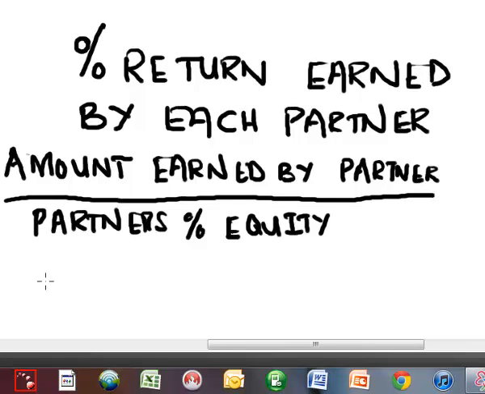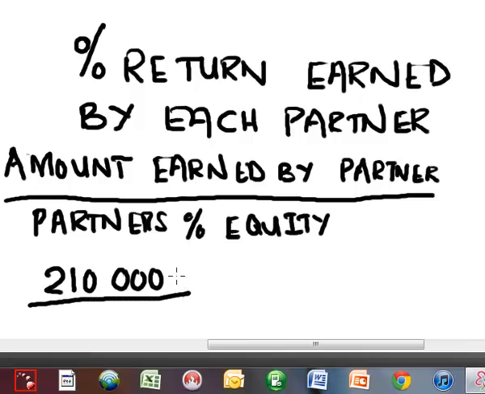Let's take an example. If the amount earned by the partner was 210,000 Rand, you would divide it by the partner's average equity. Once again, average equity is your equity at the beginning plus your equity at the end divided by 2.